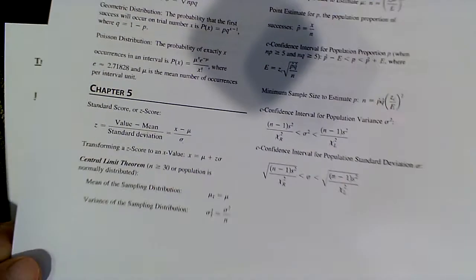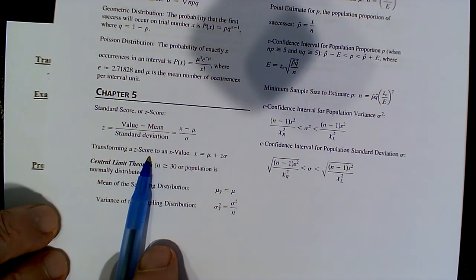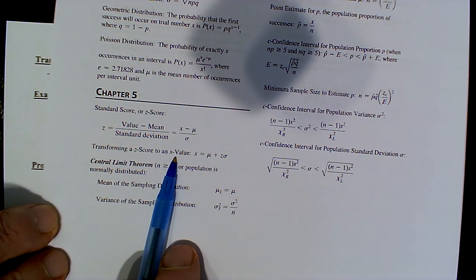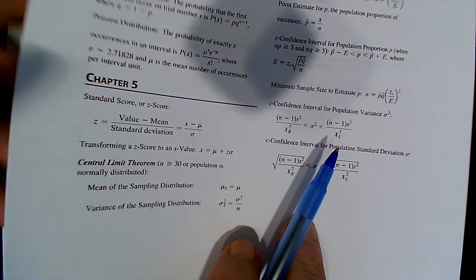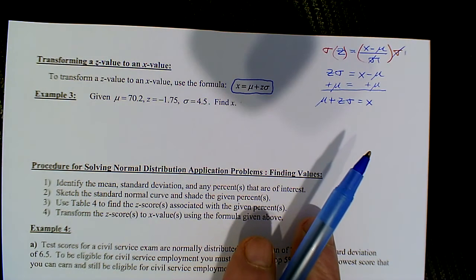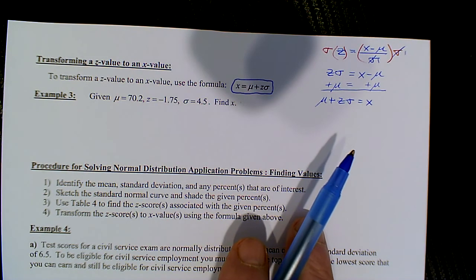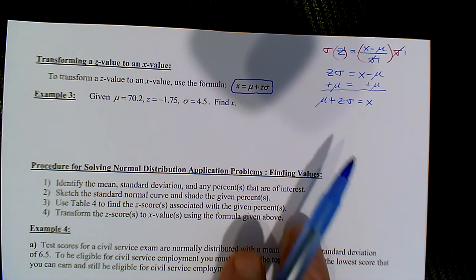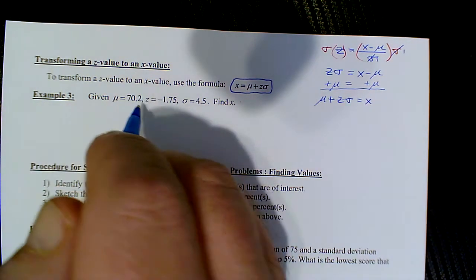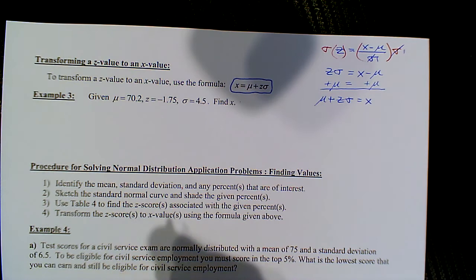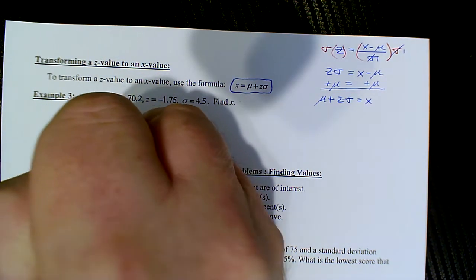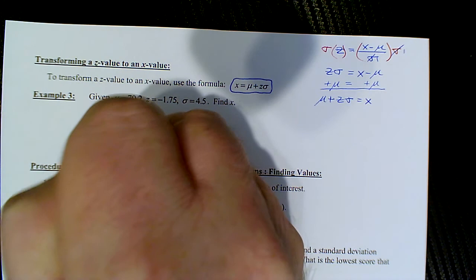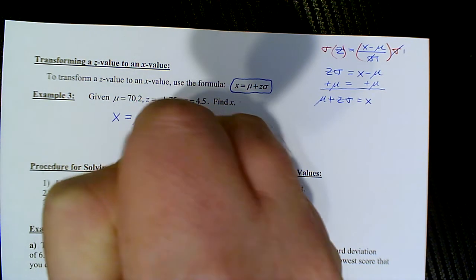So if you look under key formulas, right under our z-score, they even tell us transforming a z-score to an x value. So you have to know whenever you have to change from a z-score to an x value, use that formula. So here's just practice on plugging in the numbers, because everything's a given. That is, the formula once again is x is mu plus z times sigma.